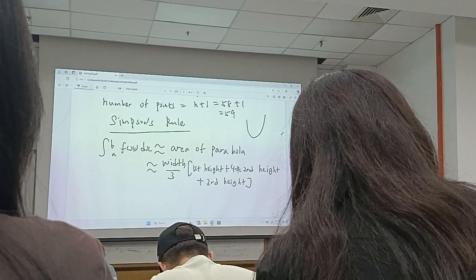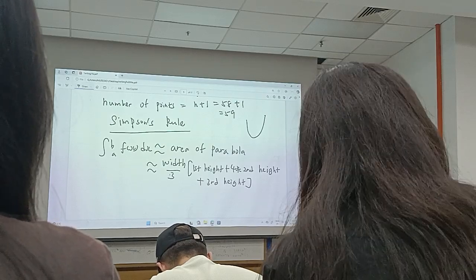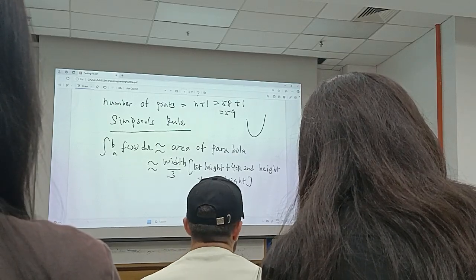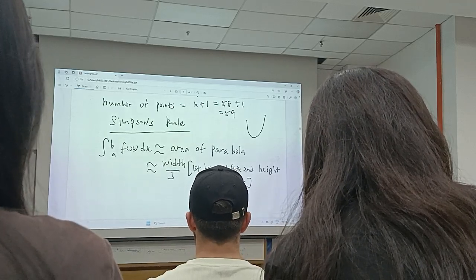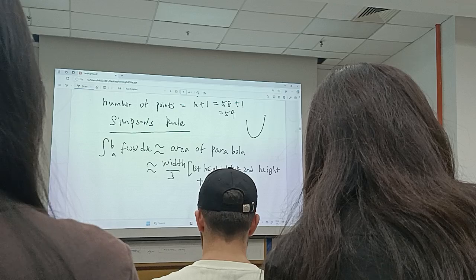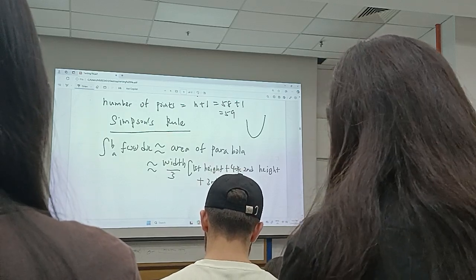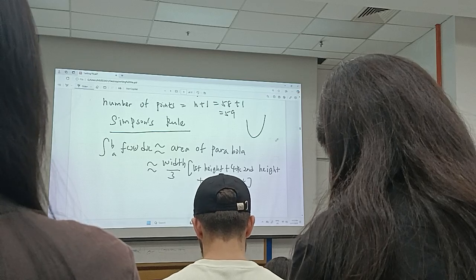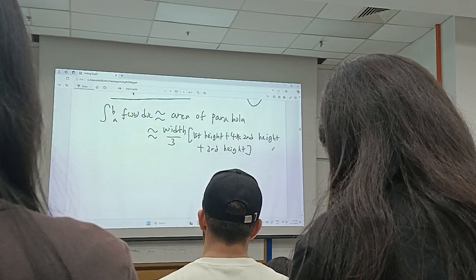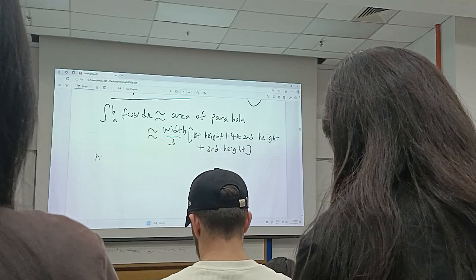Okay, remember that for Simpson's, divide by 3. Okay, there are 3 heights here, right? 1, 2, 3. So divide by 3. Trapezoidal, divide by 2. There are 2 heights, right? First one and second one. Okay, remember that.